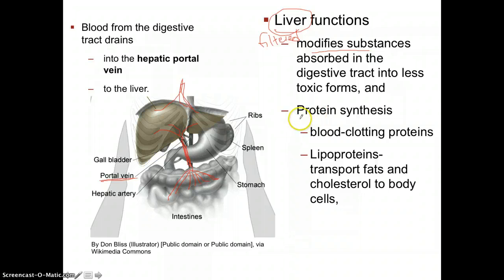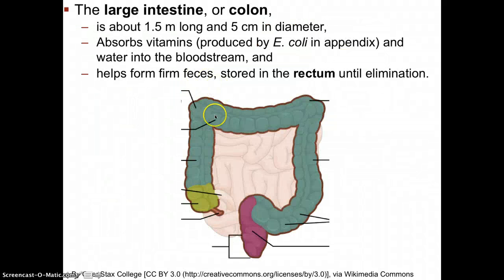Then it also transforms some of these molecules into proteins, blood clotting proteins, and lipoproteins, which transport fats and cholesterol. So your liver does a ton of different things, but I would think of it mostly as filtering the blood on its way back to the heart.